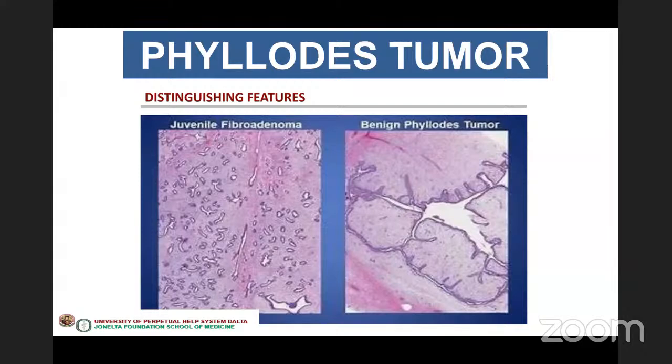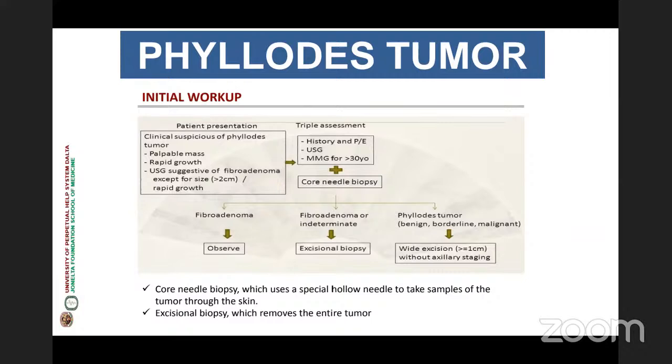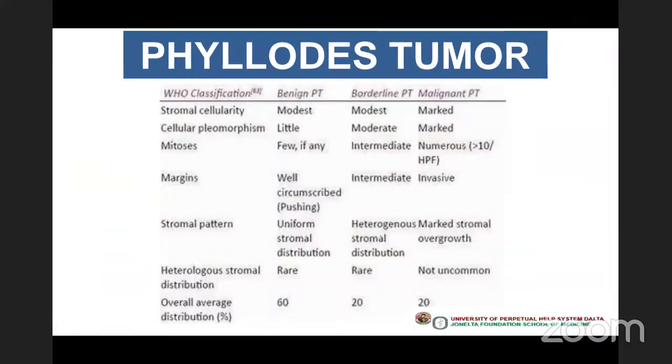Okay. And of course, you always look at your core needle biopsy so that you have your histologic diagnosis. Okay. So according to WHO, according to a different classification, it could be a benign phyllodes, a borderline phyllodes, and a malignant phyllodes tumor, depending on the characteristics.